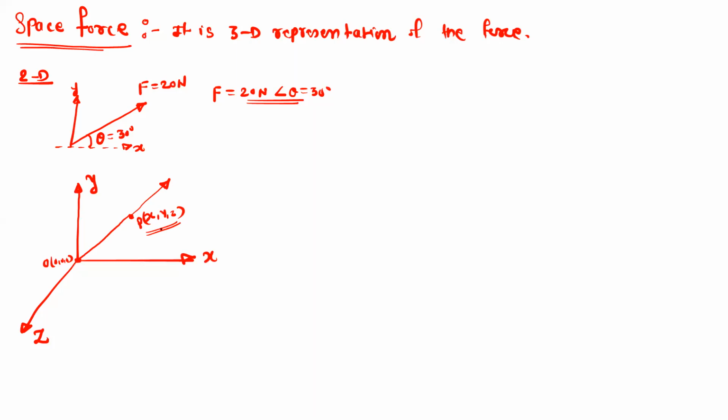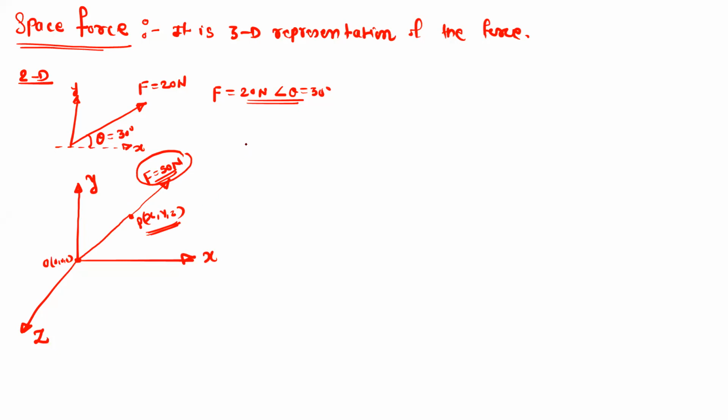Okay. So for the direction, we will need a vector to specify that direction. Okay. And the magnitude of this force, suppose the force F is equal to 50 Newton. Okay. So we need to write one equation that will have this 50 Newton, that is the magnitude, as well as the direction of that force. Okay.